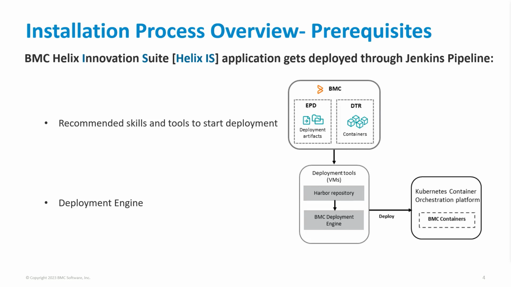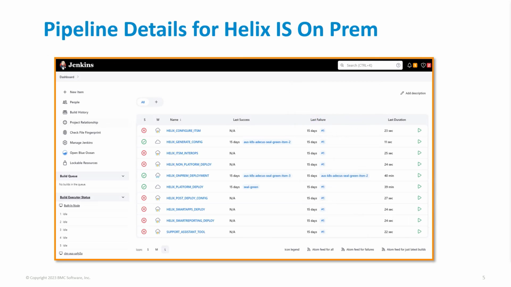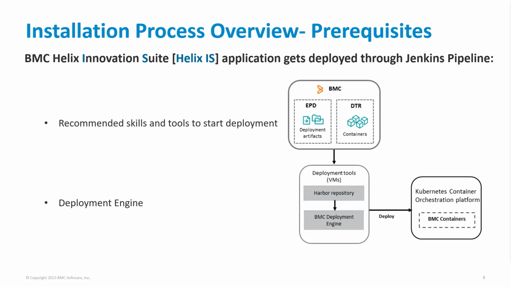It is a logical entity that uses tools such as Jenkins and Ansible to deploy BMC application workloads. At a high level, you use this BMC deployment engine to perform the following tasks, as it is doing a lot of installations which are related to the Helix Innovation Suite on-prem deployment.